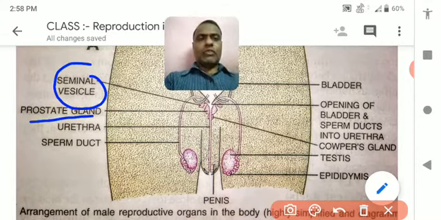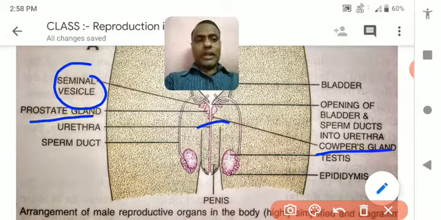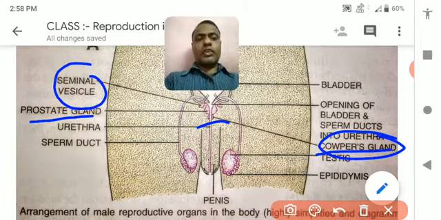Second, the gland that opens into the sperm duct is the prostate gland. And third, the gland that enters into it is Cowper's gland. So three glands open directly into the sperm duct, and after that the duct is called the urethra. When the duct comes out past the Cowper's gland, it opens directly through the penis.